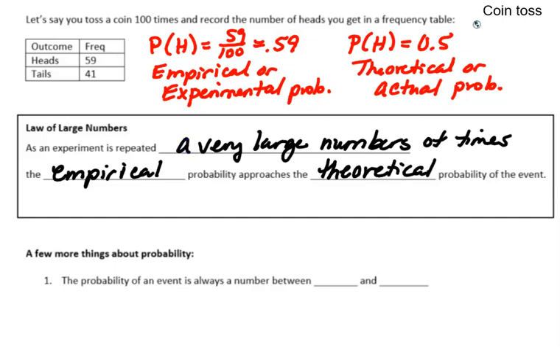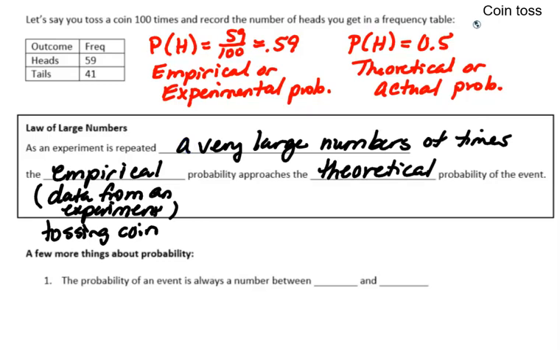So let's talk about empirical again. Empirical means using data from an experiment. So I'm tossing, and when I talk about a probability experiment, like tossing a coin.